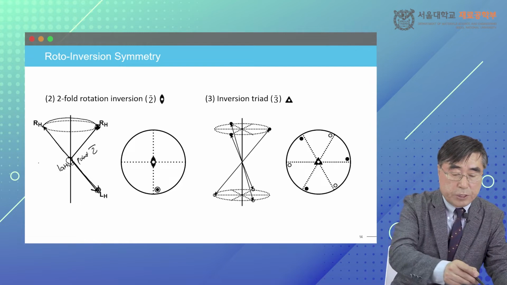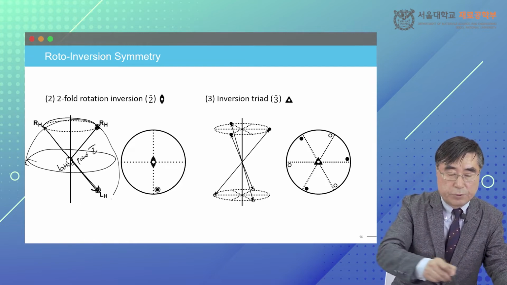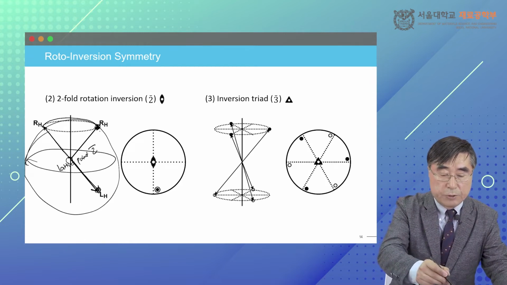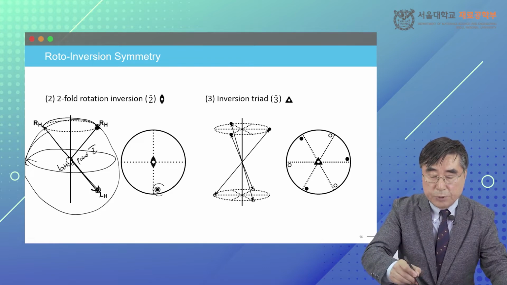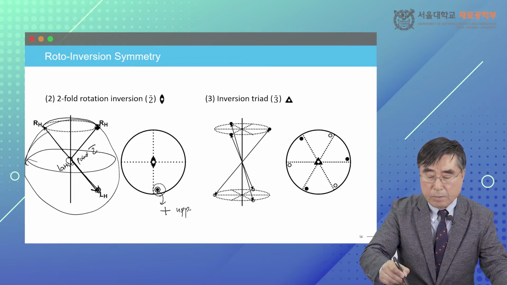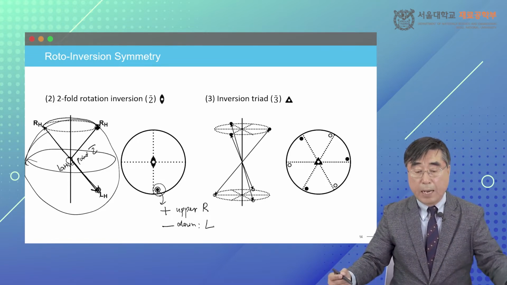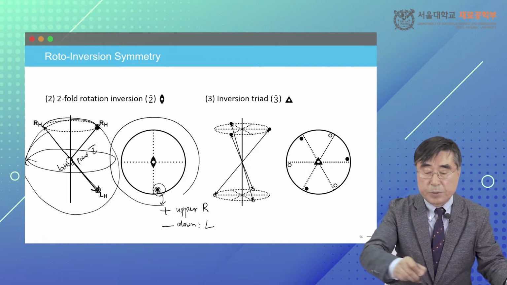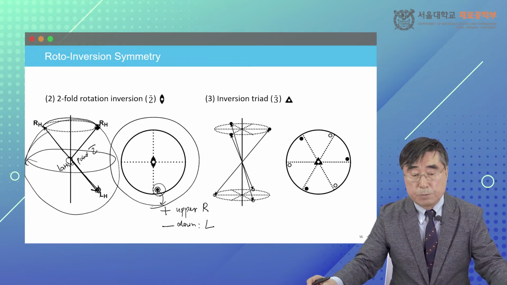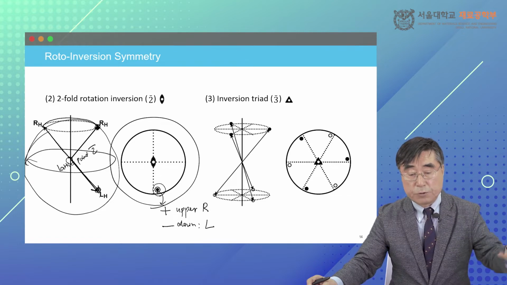In the stereotype projection, if you draw these stereograms, you find out that this one and this one are in the same position, but one is in the upper pole. That's right hand. Now the down pole, that's left hand. Incongruent operation. That's two bar. This is the stereotype projection of two bar, two-fold rotor inversion.